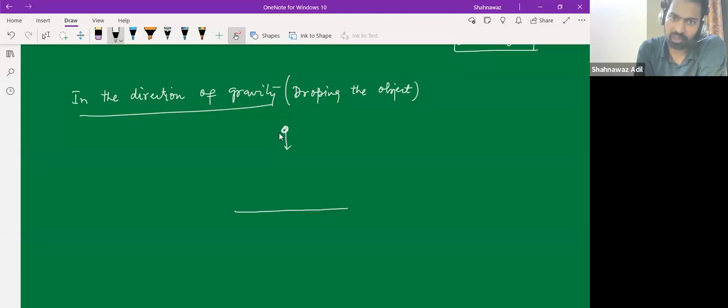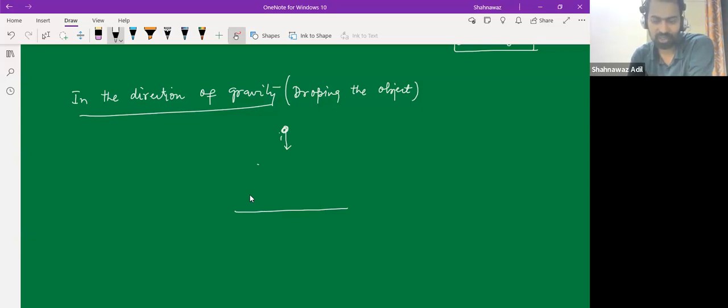From here. So free fall is also in the direction of gravity only, right? Free fall means that you are working in the presence of acceleration due to gravity.